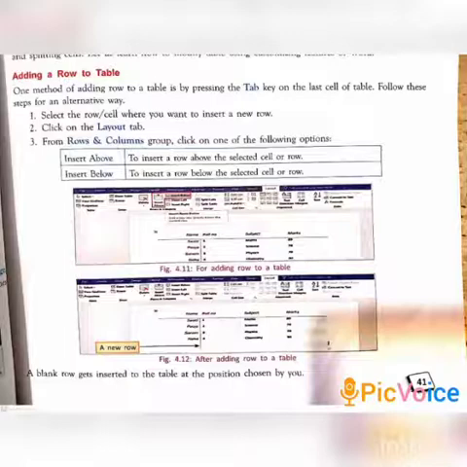Next, to add rows, click insert above or insert below, and to add columns, click insert left or insert right.